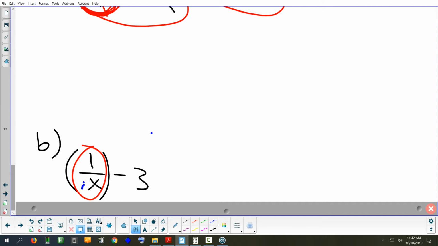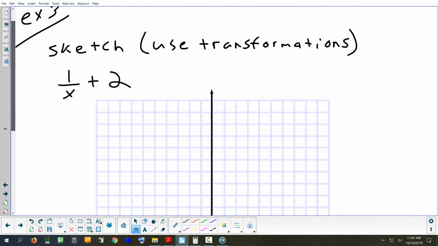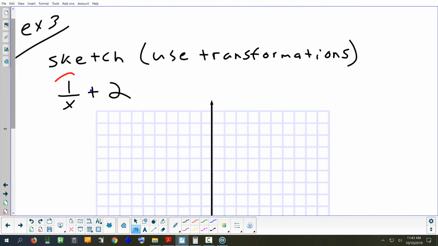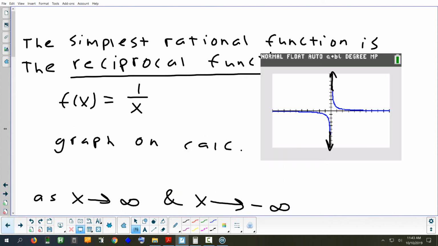Okay, so your horizontal asymptote here is at -3, and the equation for it is y equals -3. I'm not going to worry about sketching it, because I kind of explained it, but if you basically take the graph of 1 over x, which I have right there, take each part, if you put a +2 on the end of a function, remember that's a vertical shift.